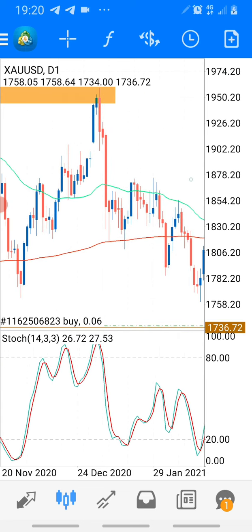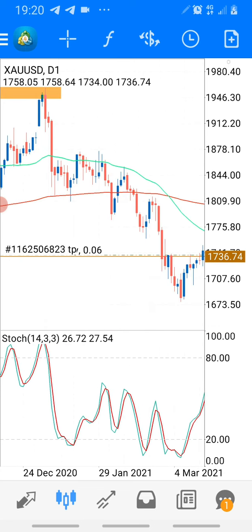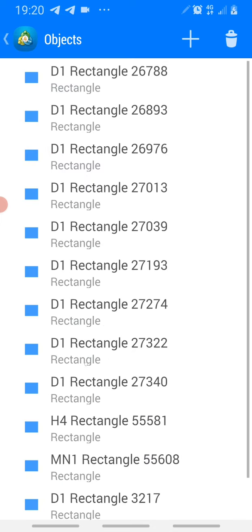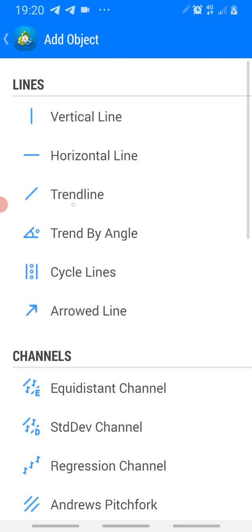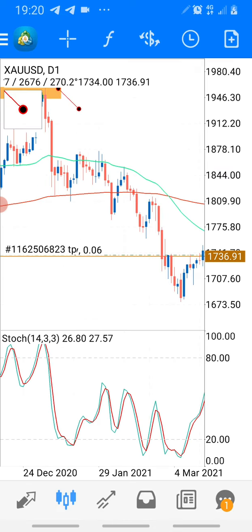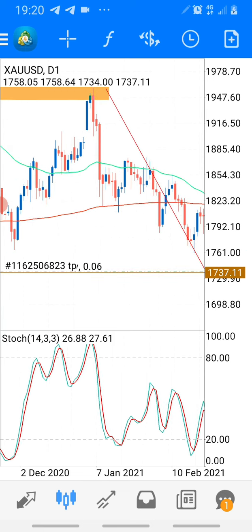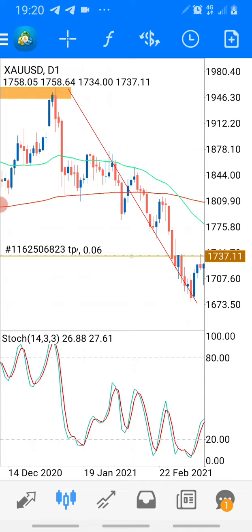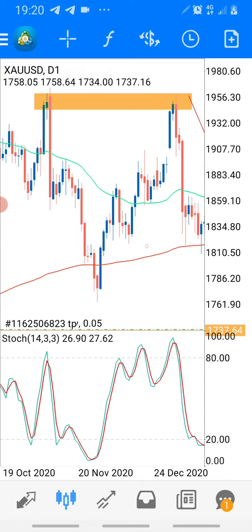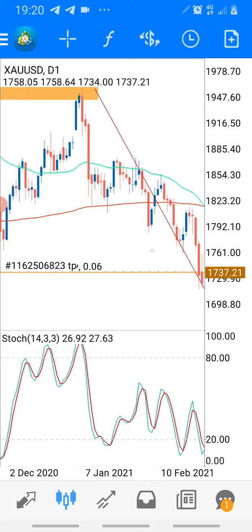You can see how the market moved. A whole lot of move. You understand? So this is how you can take advantage of it.